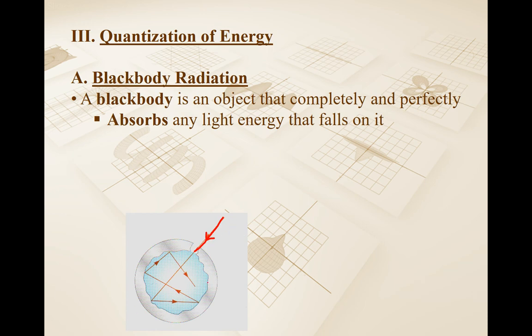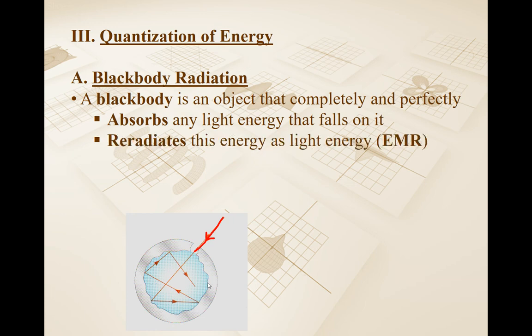In fact, when we talk about an object that appears black, it's under the assumption that any light that falls upon it is being completely absorbed. None of it's being reflected, and that's why it appears black in color. So a black body absorbs any light energy that falls on it. Later on, it's going to re-radiate this energy as light energy. It's going to emit it as electromagnetic radiation.